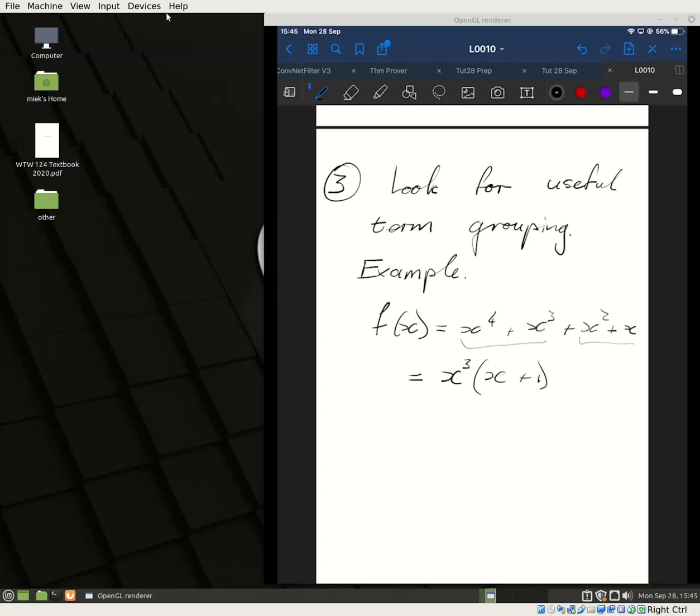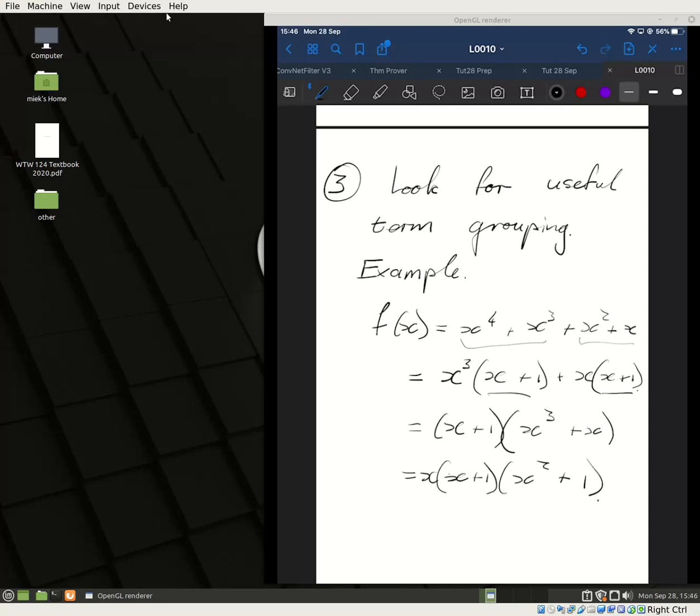And if we factor out an x here, we also get an x plus 1, and now we can factor out the x plus 1. So let's factor that out. That becomes x plus 1 times x cubed plus x, and again we can factor out another x. So let's put that at the front: x times x plus 1 times x squared plus 1.